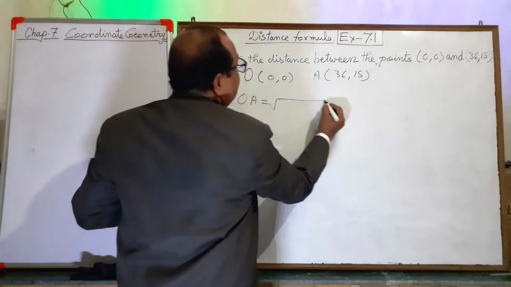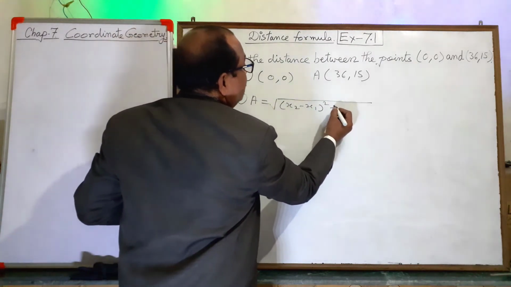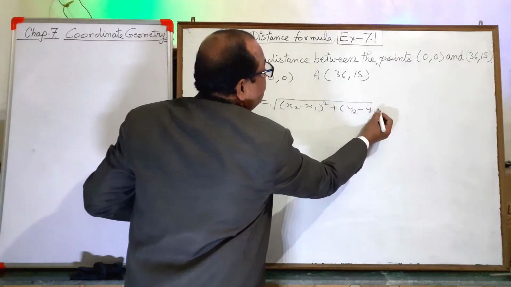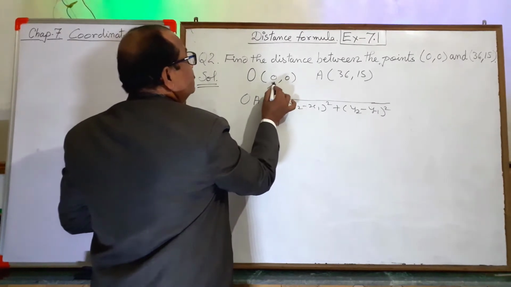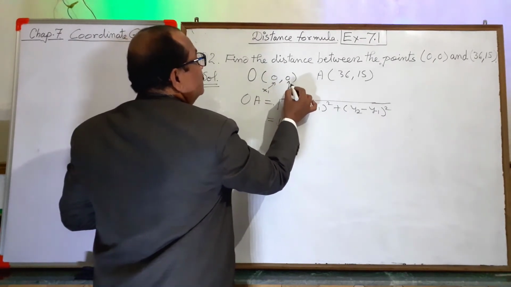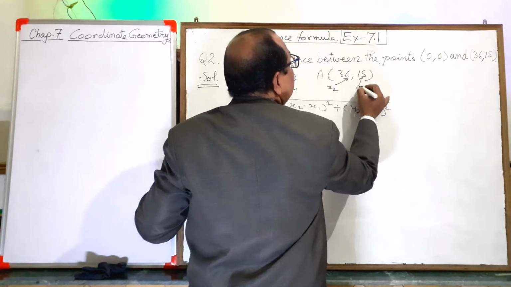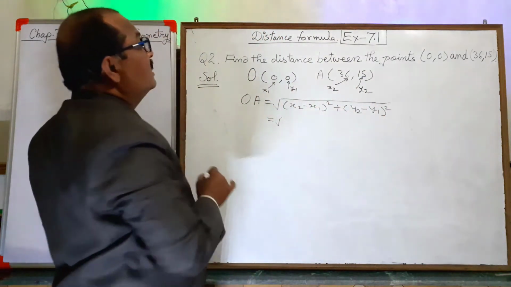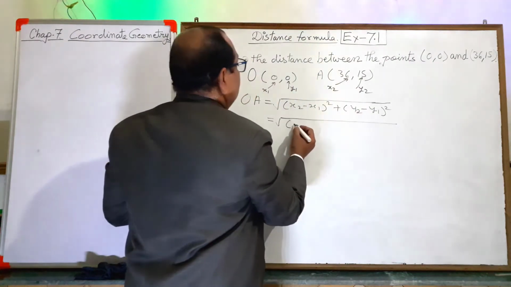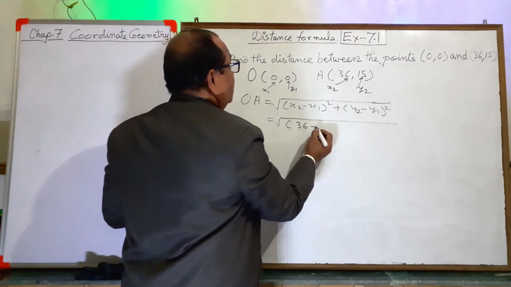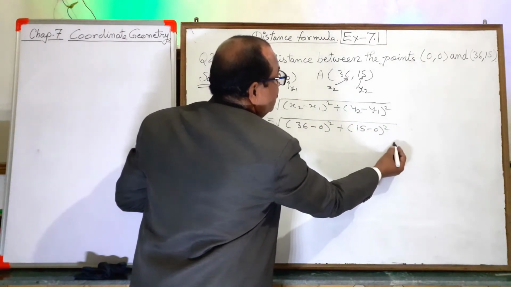OA can be written as the square root of (x2 minus x1) whole square plus (y2 minus y1) whole square. Substituting the values, this one is x1, this one is y1, this is x2 and it is y2. Now substituting, under root, 36 minus 0 whole square plus 15 minus 0 whole square.